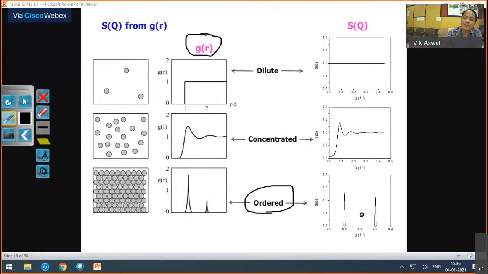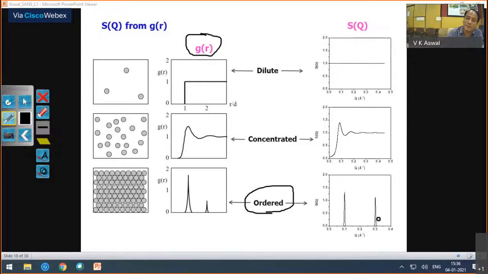But of course, when you see scattering intensity, it has to be multiplied with the form factor, which will be decreasing as a function of Q. So when you have an ordered system in small angle scattering, you will always see these having very low intensity, because it gets multiplied with the form factor. Like in the X-ray case, in diffraction at higher angles you have very low intensity because the X-ray form factor goes down, unlike neutrons.